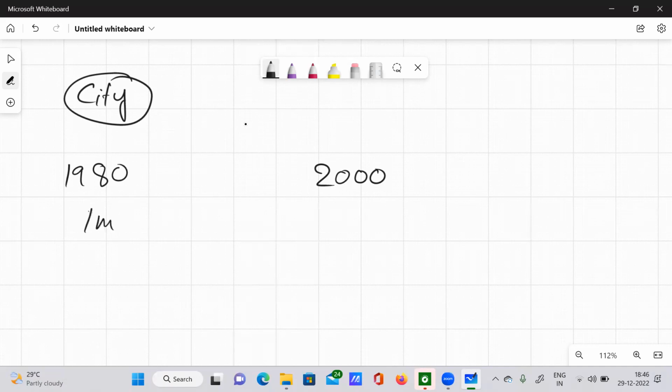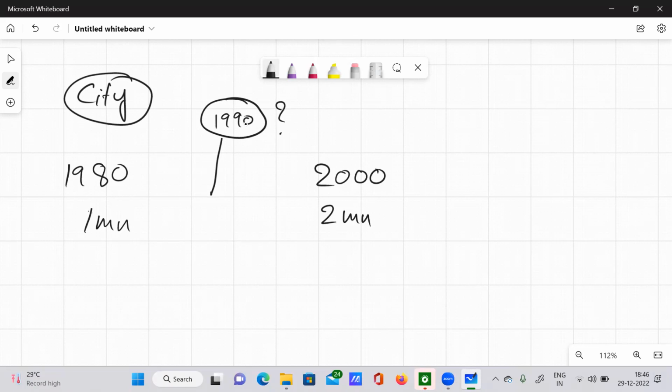It has 1 million population in 1980, and in 2000 it has doubled, that is, it has become 2 million, right? Now I want to know what the population was in 1990. So here lies between those years, that is 1990. I need to know what the population is when the year is 1990.